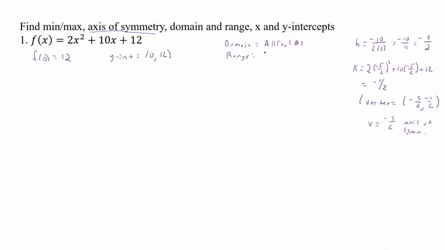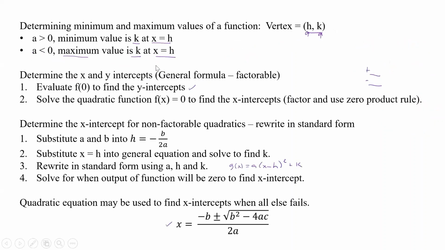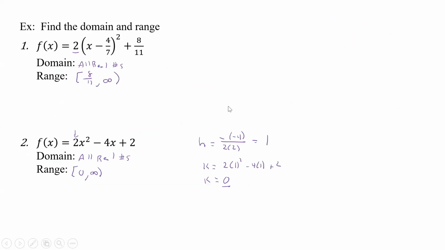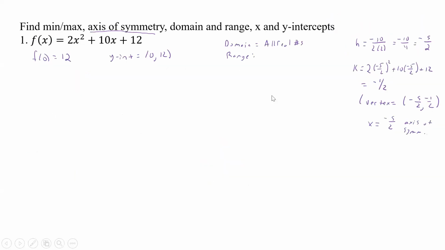So our range then is going to be, well, remember, if our a was greater than 0, then it's going to be k comma infinity. And if it was less than 0, it's negative infinity to k. And so since a is greater than 0, we just put k, which was negative 1/2, up to infinity.